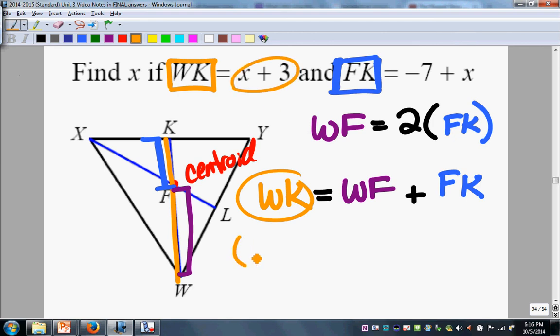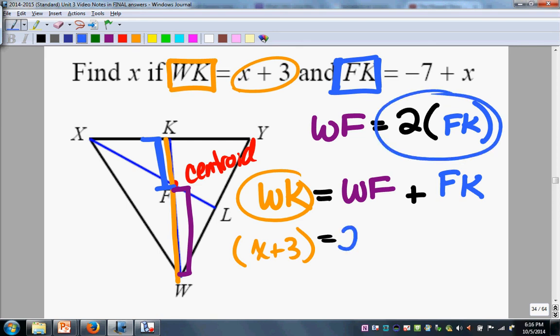So we have X plus 3 equals WF. We have no WF up here, but we do know WF equals 2 of FK. So I'm going to go 2 times -7 plus X. That's WF plus FK, which is -7 plus X.